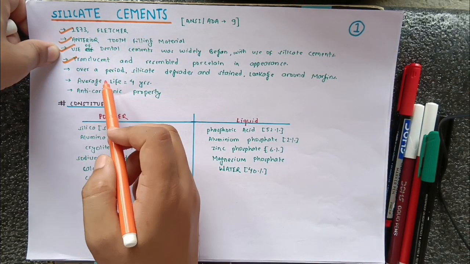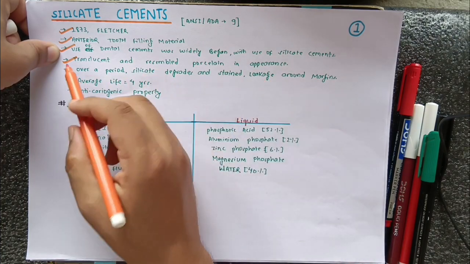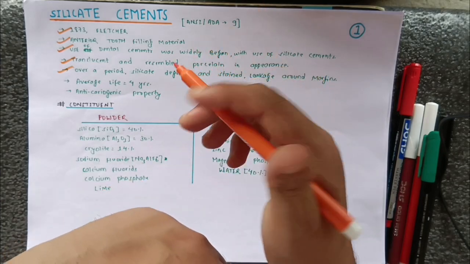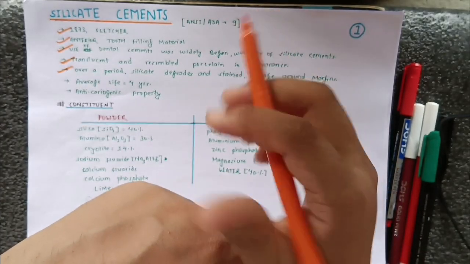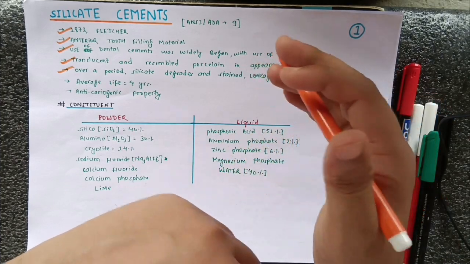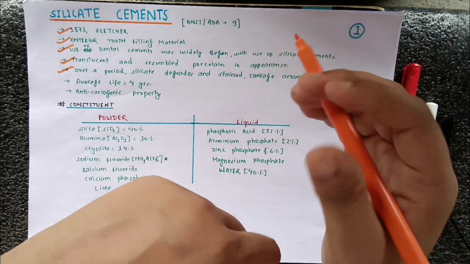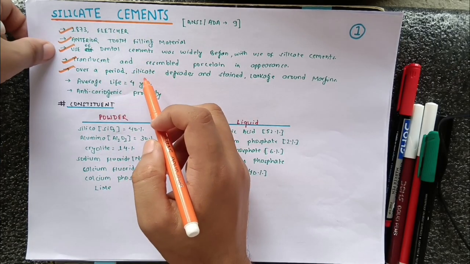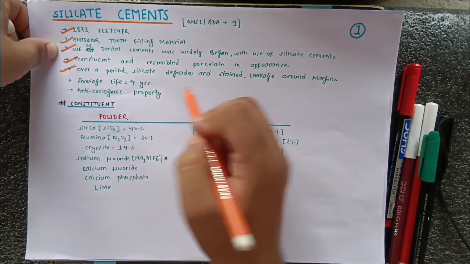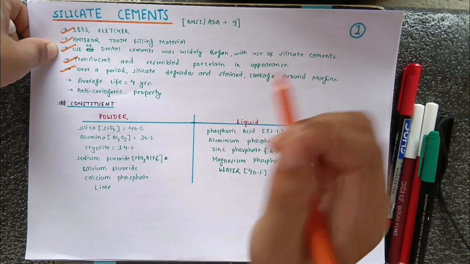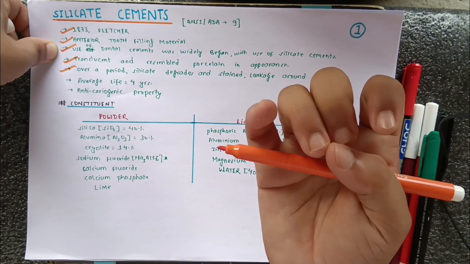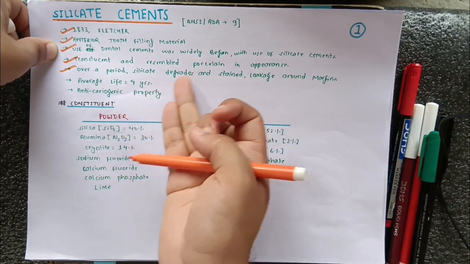Over a period of time, silicate degrades and stains, and there is leakage around it. When we restore an anterior tooth with silicate cement, it is aesthetically fine at that time, but after some period there is degradation of the silicate and staining of the tooth. There is also marginal leakage over time.